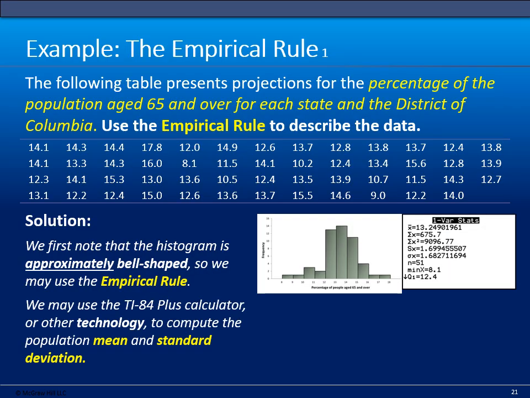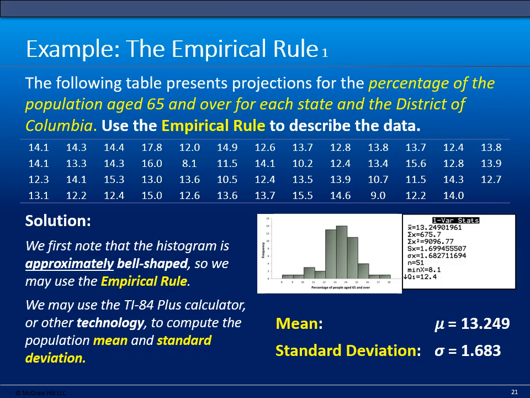If we use technology, and here we're using the TI-84, we can see the mean is 13.249, and then our standard deviation is 1.6827, or 1.683 if we go to 3 decimal places.